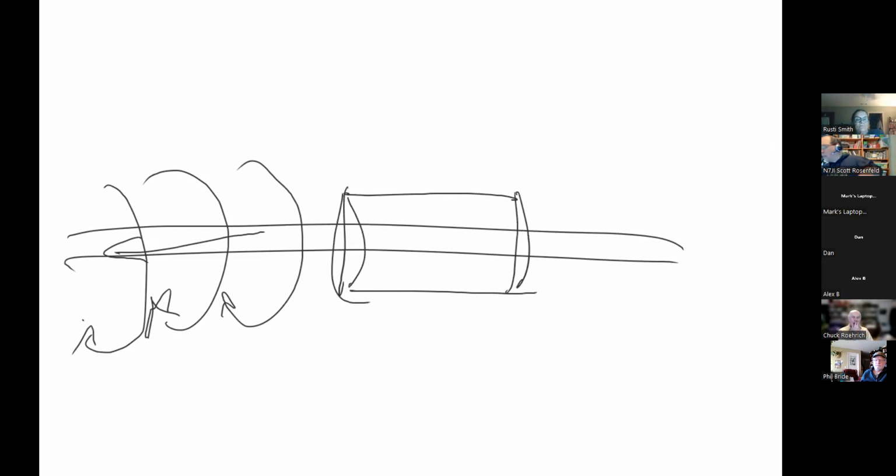Where's Dan? Was it Dan? Yep, it was Dan. Dan, were you asking the question about your power supply? There you go, man. Nice. You know what that is? A choke? That is called a ferrite choke.